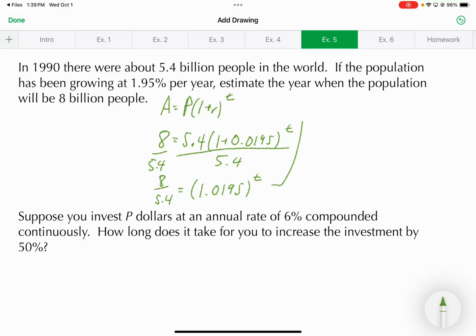Log it. So log of 8 over 5.4 equals log of 1.0195 to the power of t.